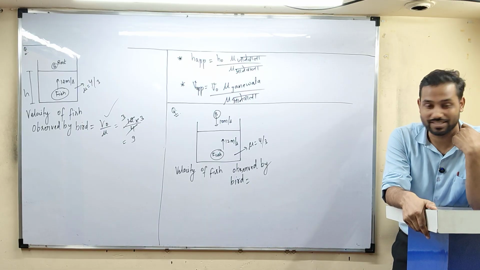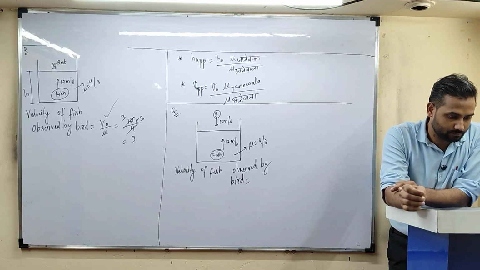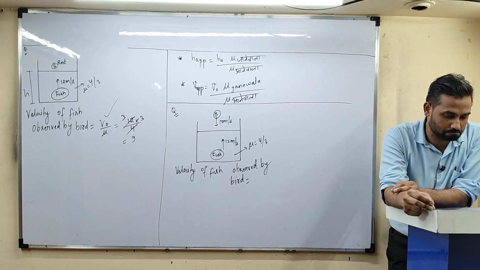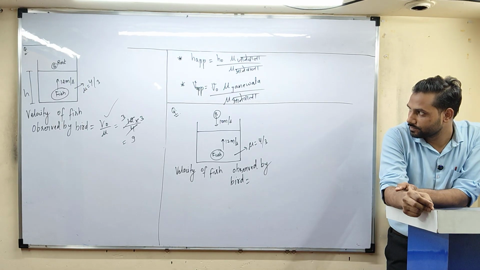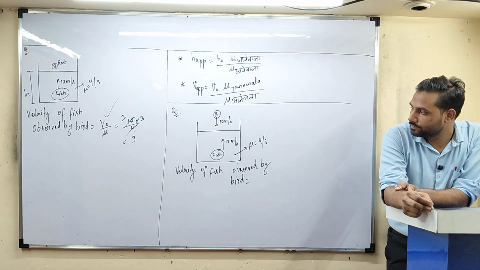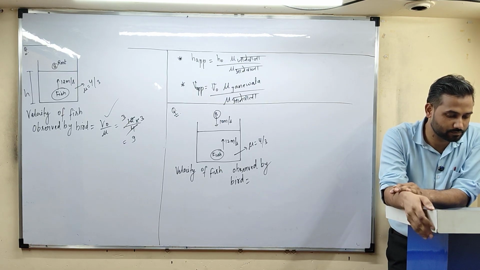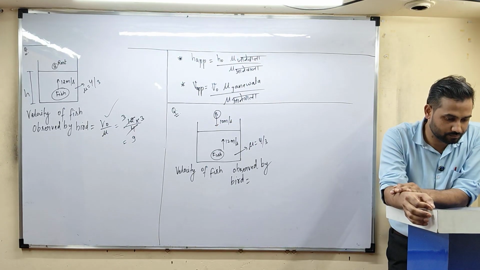Because in this scenario, the bird also has some velocity, 10 meter per second. Think and answer. What is the answer?